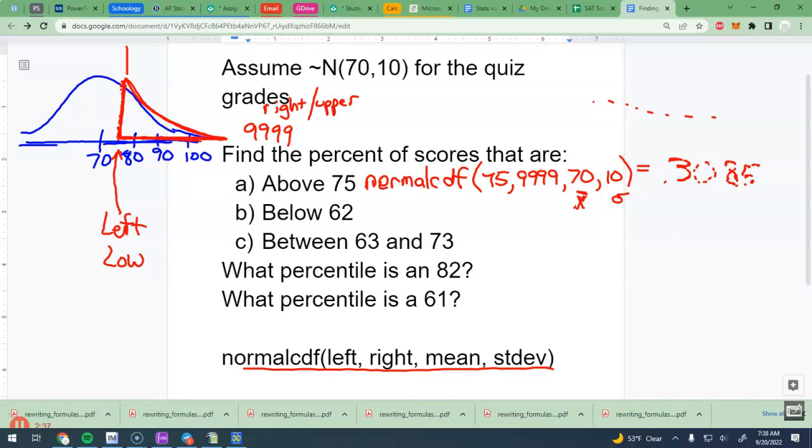Did you guys get 0.3085? Did everybody's calculator give them that? Did you get it to work? Did you get an error or anything? Yeah, me too. Did you get to the normal CDF? I know it's second, bar, something from there. So choose normal CDF.